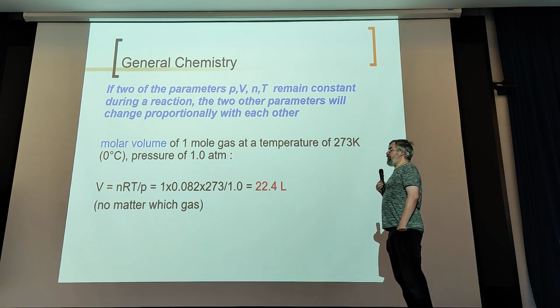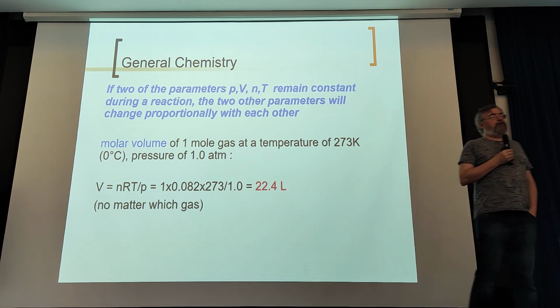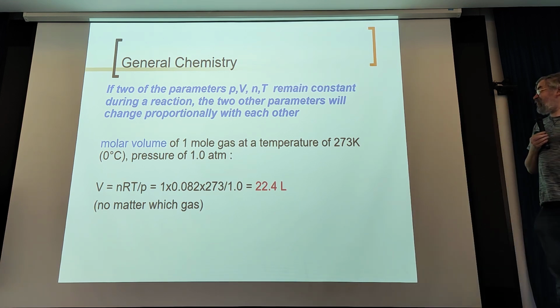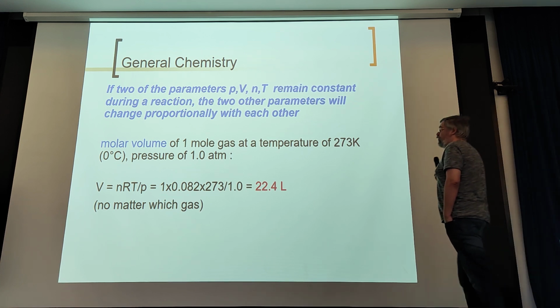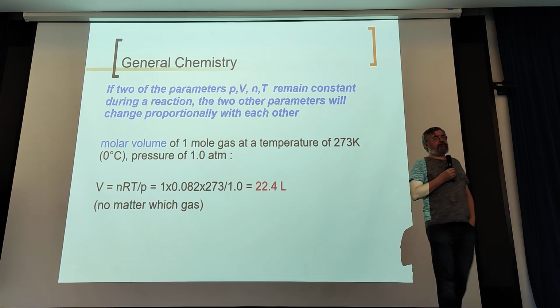So this volume is nRT over P. Now, suppose we have 1 mole. The R is again 0.082 because it's an atmosphere pressure, and 273 was the temperature in Kelvin.